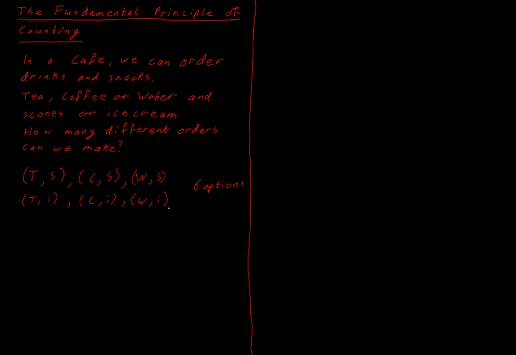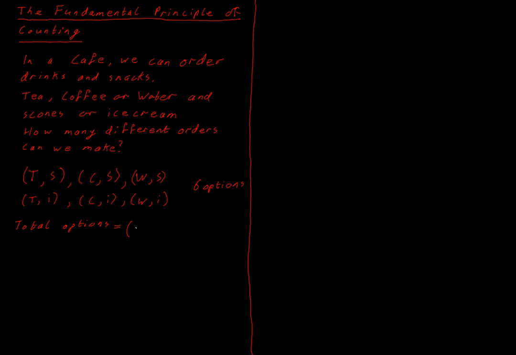So we can just list out all of our options, but there is a faster way. In general, we can say that the total number of options is equal to the number of options for A. We'll say the drinks would be our first group of options, and B would be the options we have for our snacks.